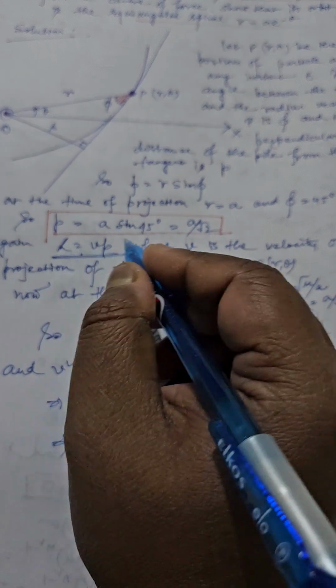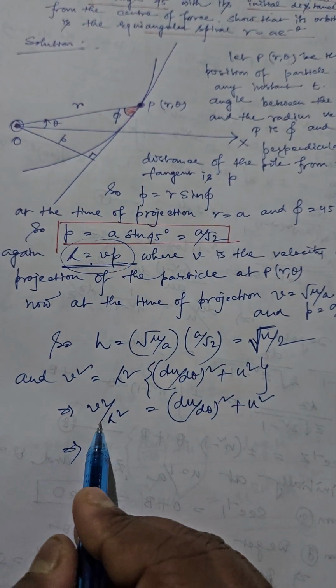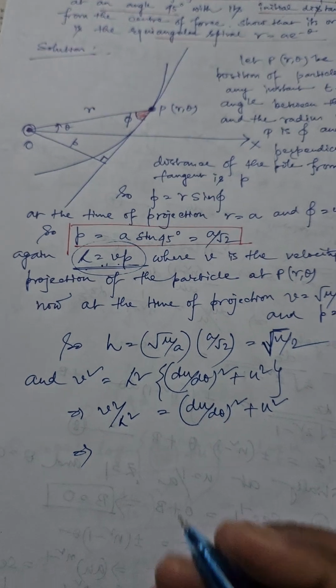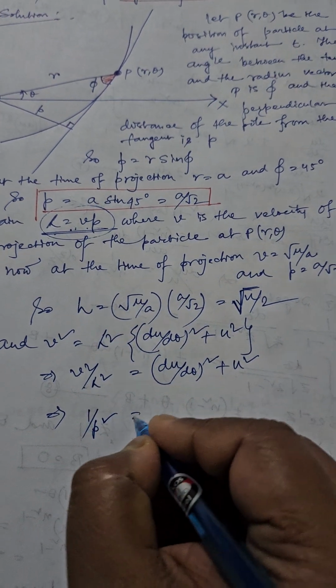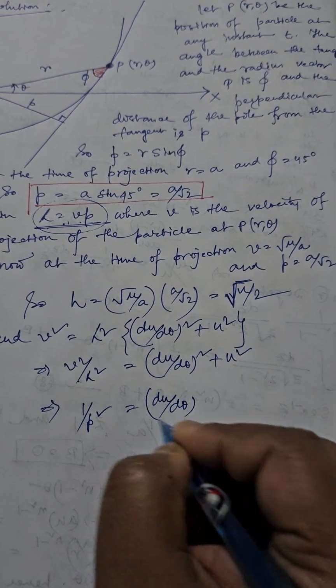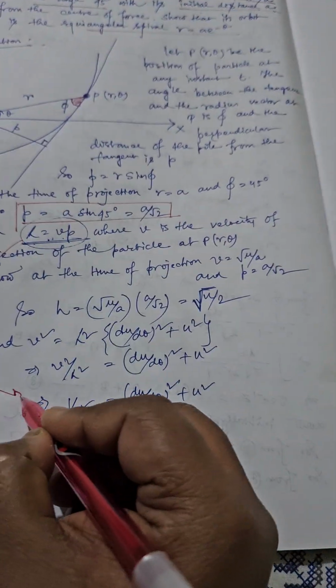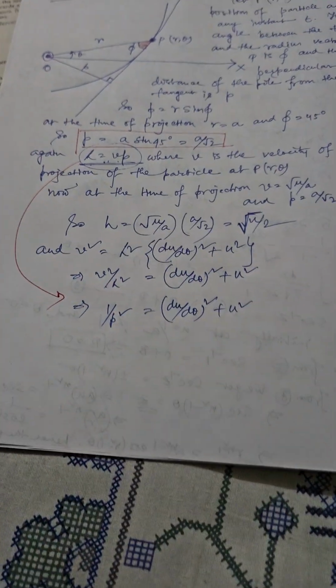H equals to Vp. From this relation you will get what? H equals to Vp means v by h will be 1 by p, so it will be 1 by p square, that is equals to this one. Actually we are using this condition here.